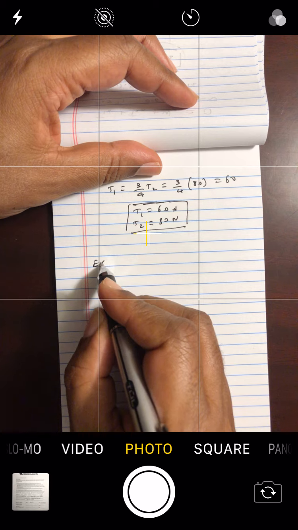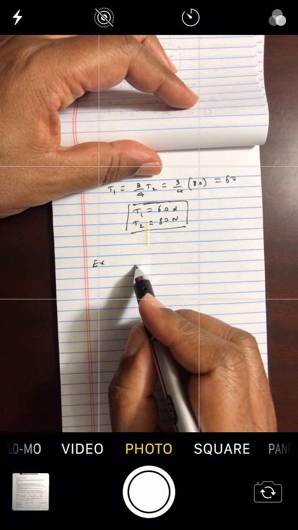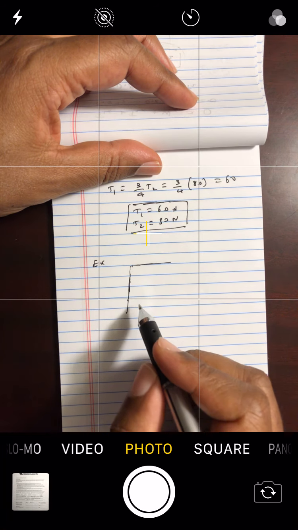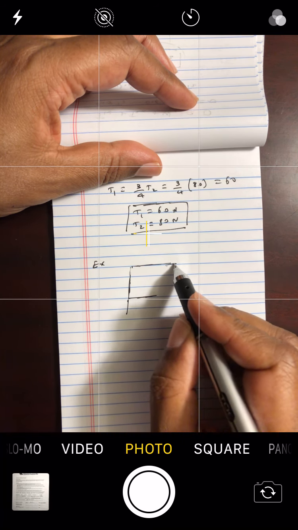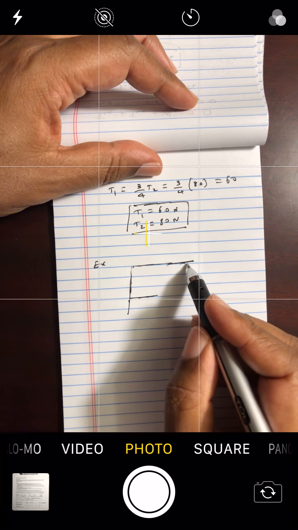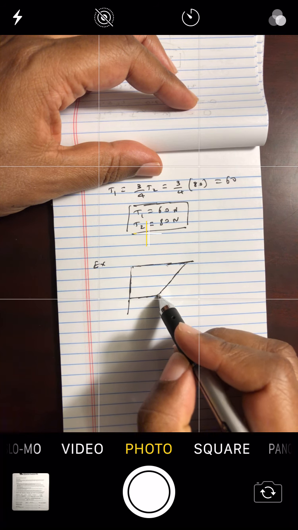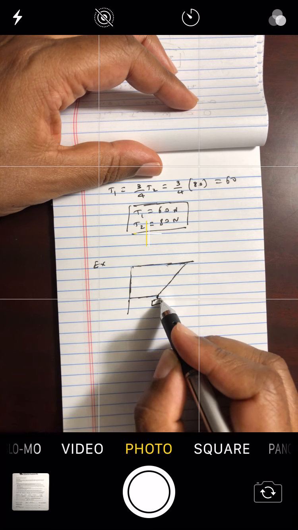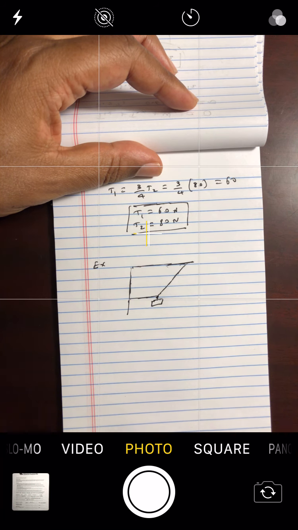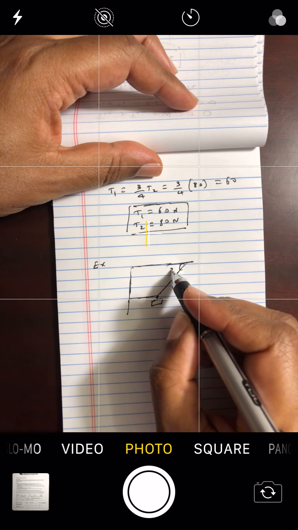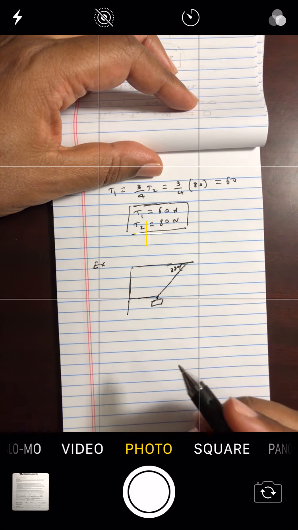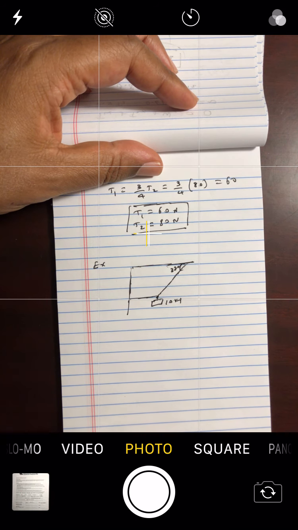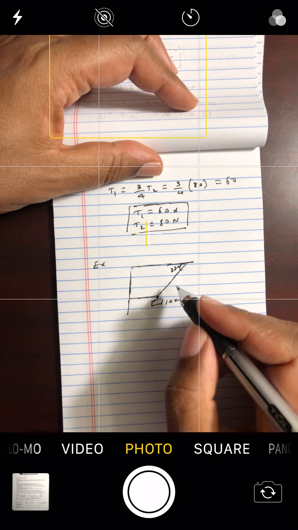Let's look at another example. Suppose, let's say we have the following situation. We have a string over here, and then let's say we have another string over here, and then we have weight hanging over here. Okay, let's say this is 37 degrees, this is horizontal. Once again, let's say it's 10 kilograms. Okay, so in this case also we have two tensions.